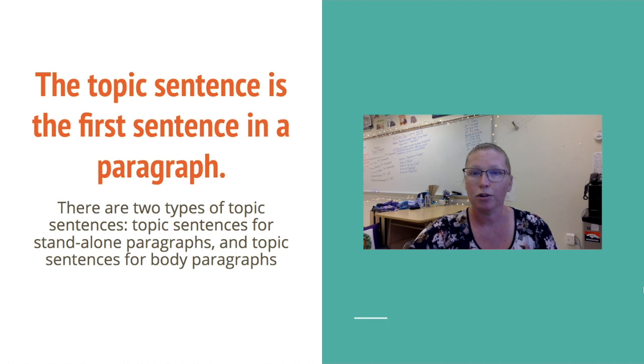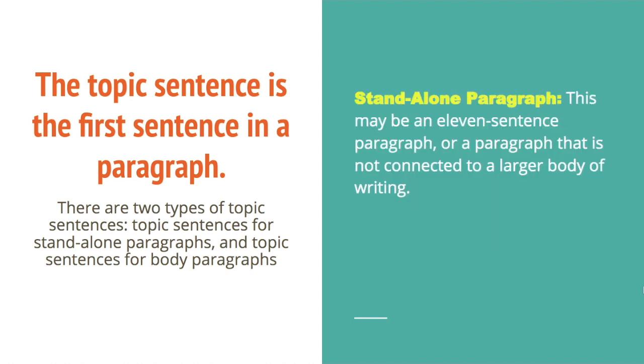So before we start, you need to know what a topic sentence is. Basically, a topic sentence is a sentence that identifies the topic of that paragraph, what that paragraph is going to be about. There are two types of topic sentences: for standalone paragraphs and for body paragraphs. Standalone paragraphs might be like an 11-sentence paragraph essay that is not connected to a larger piece of writing, like a multi-paragraph essay.